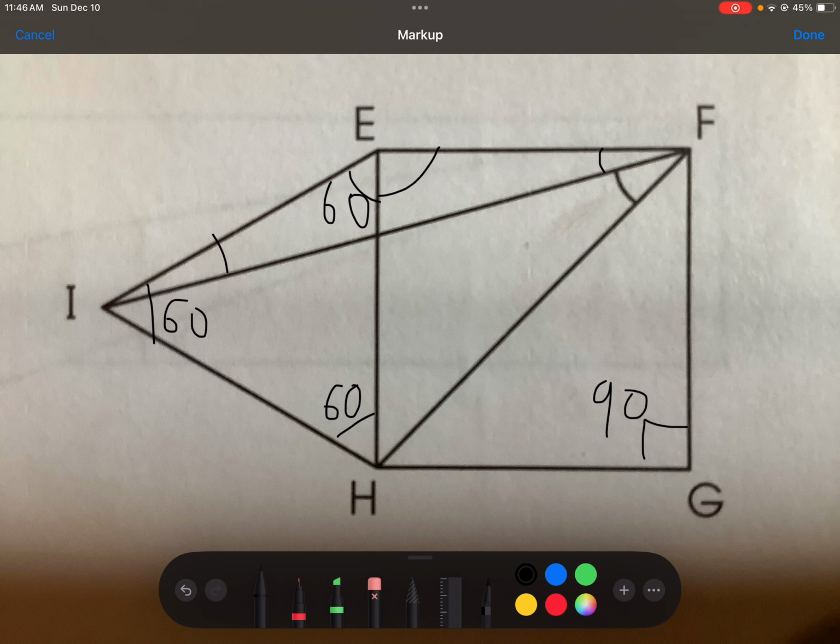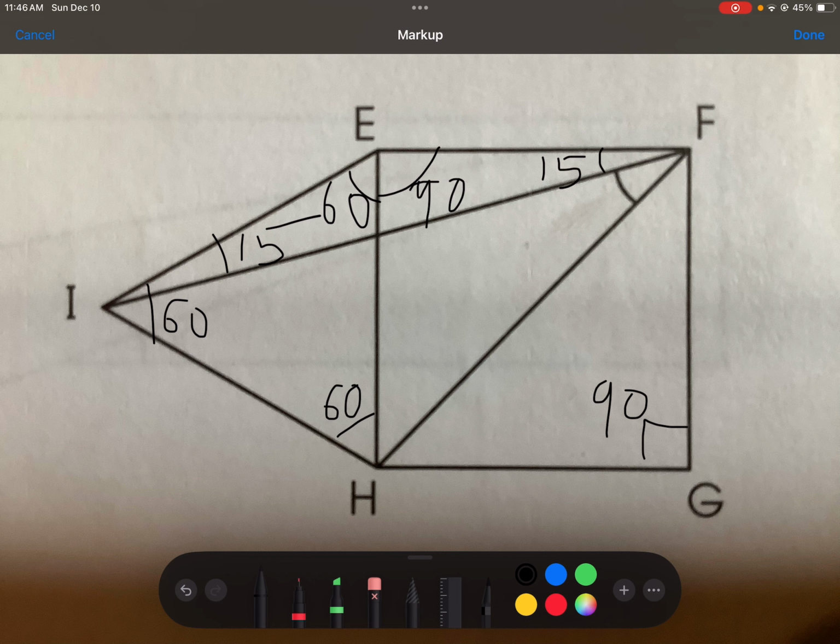So, this is obviously 90 degrees because all the angles in a square are 90 degrees since all the sides are the same length. And that means this is 15 degrees and this is 15 degrees because 60 degrees plus 90 degrees is 150 degrees.